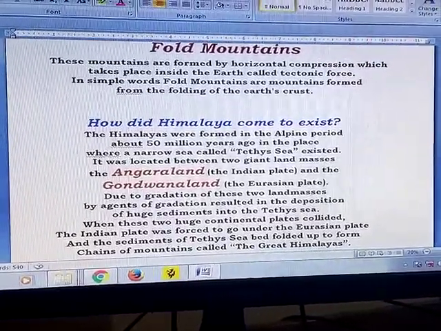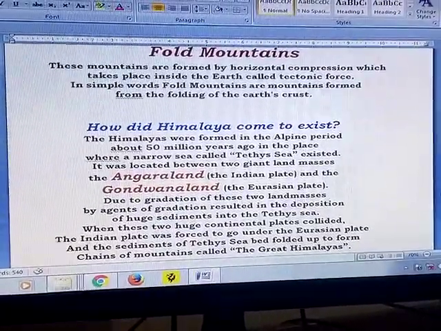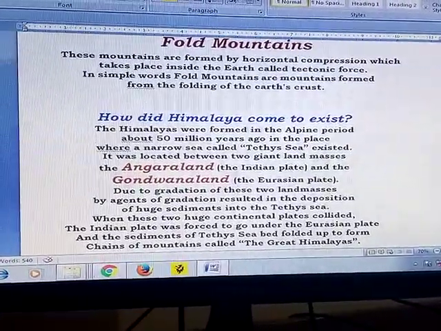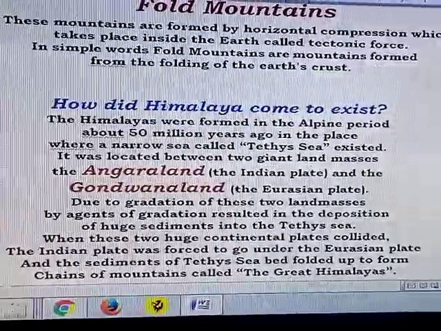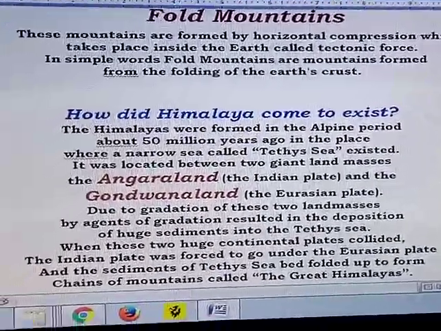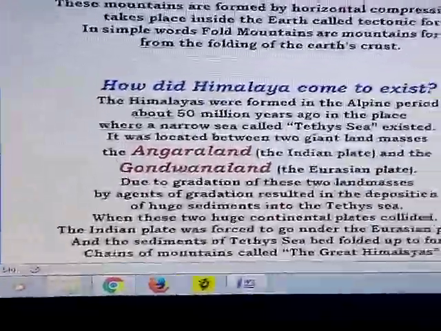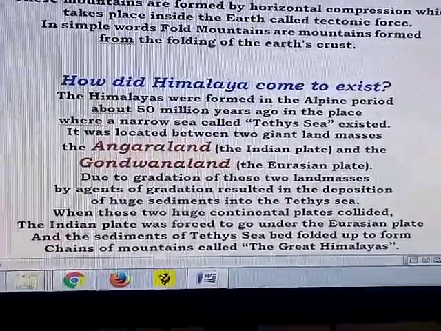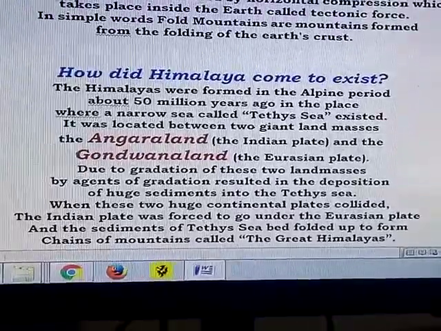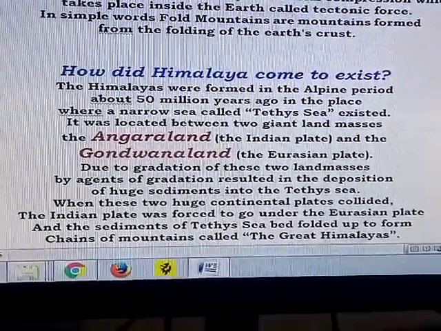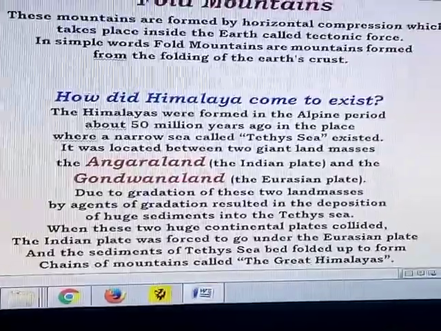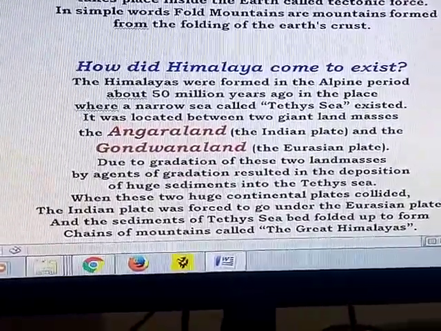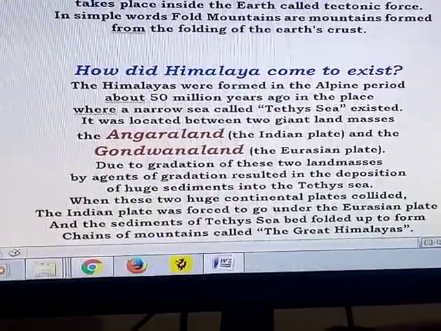Now there is a story, or geographical history. How did the Himalayas come to exist? How was it formed? This story you should know. Of course, a geographical story. The Himalayas were formed in the Alpine period, as we said, 30 to 50 million years ago, in a place, surprisingly, where there was a narrow sea.